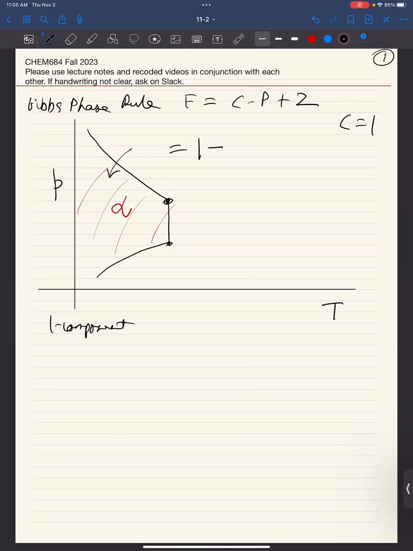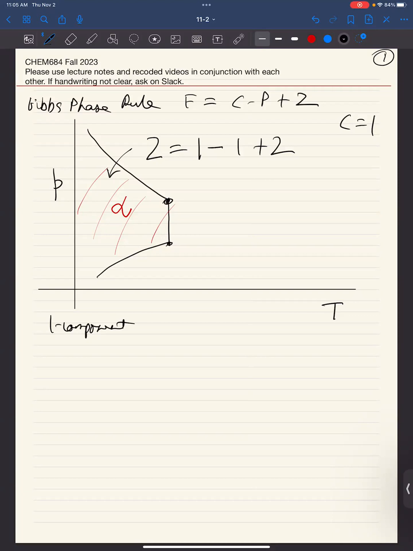It's an area, so it's 2, right? In this area, you can vary pressure and temperature independently. So the degree of freedom is 2. And I wrote alpha, single phase. So P is equal to 1. And then plus 2. So this is correct, right?